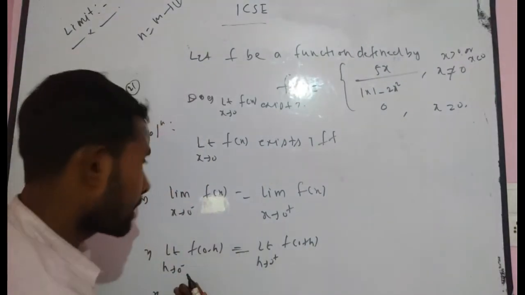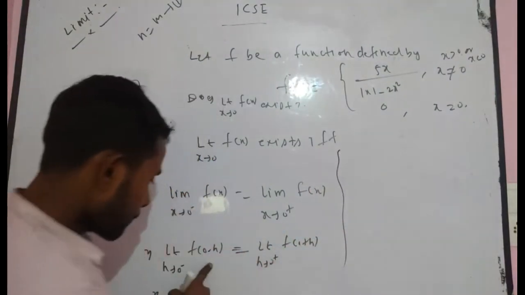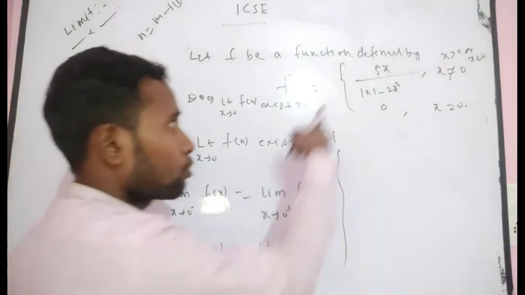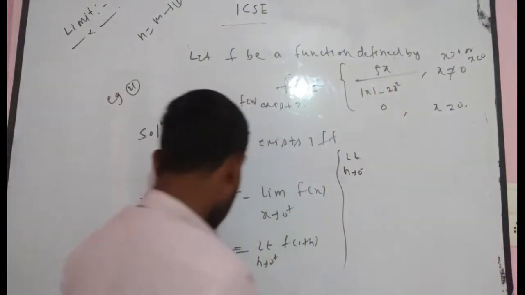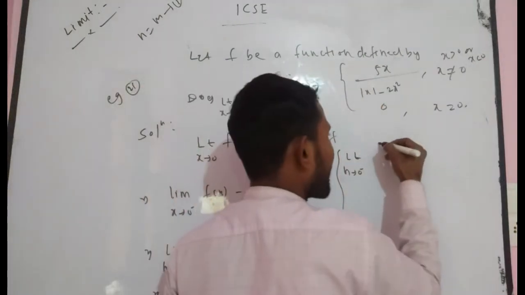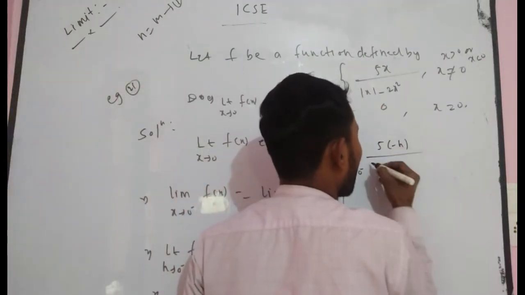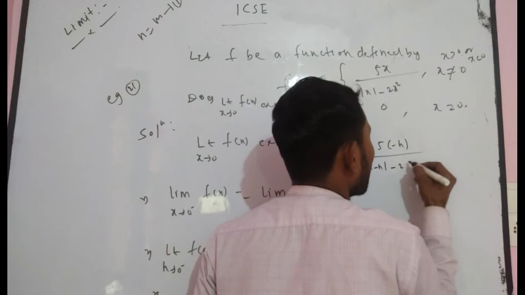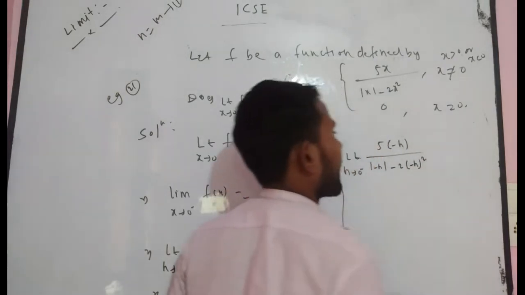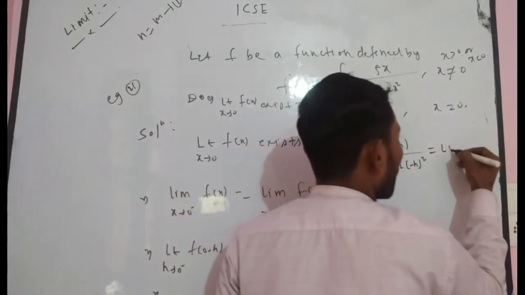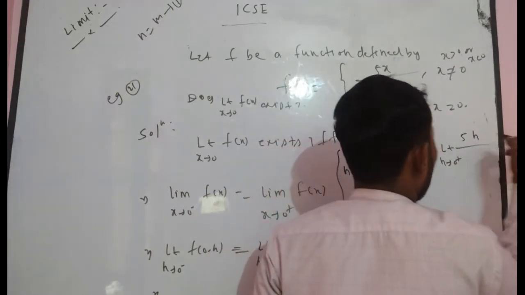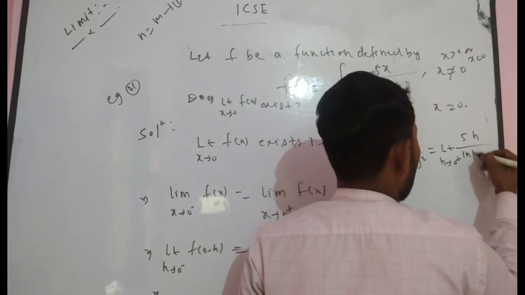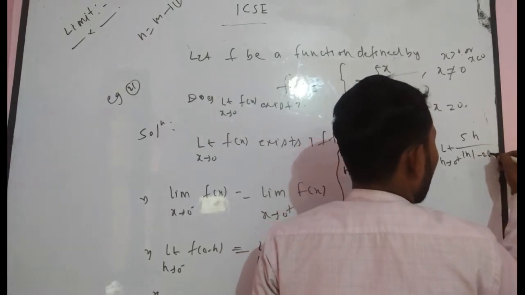Now you have to write the left hand limit, where x is replaced by minus h. So directly you can write limit x tends to 0 from the left hand side, x replaced by simply minus h. So you can write 5 into minus h divided by mod minus h minus 2 into minus h whole square, equal to limit from the right hand side 5 into h divided by mod h minus 2h whole square.